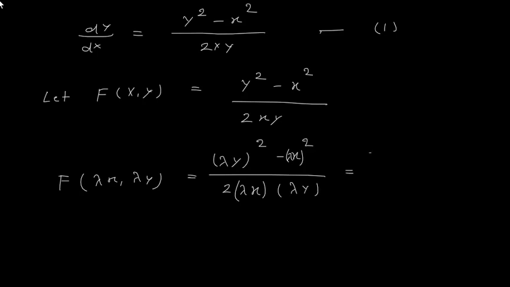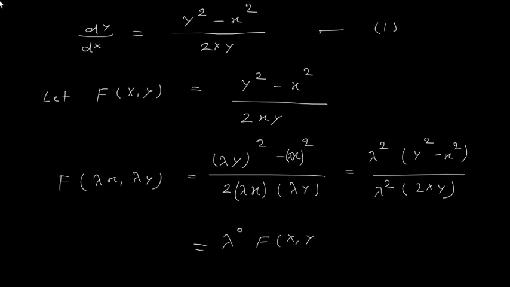So here lambda square you take out, inside we get y square minus x square, denominator is lambda square out and here we have 2xy. So this is lambda power 0 and f of x comma y.